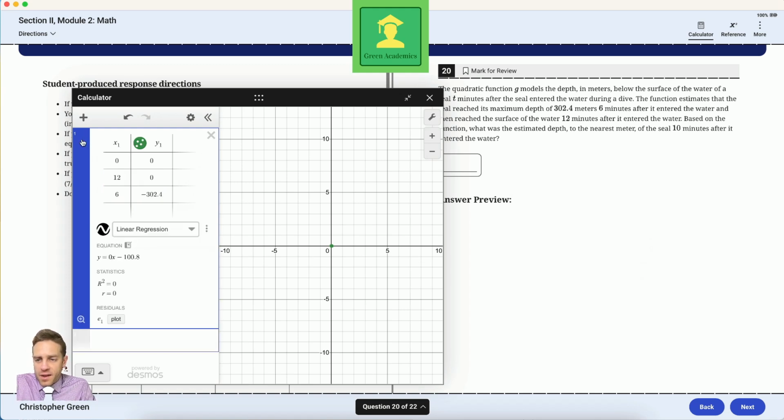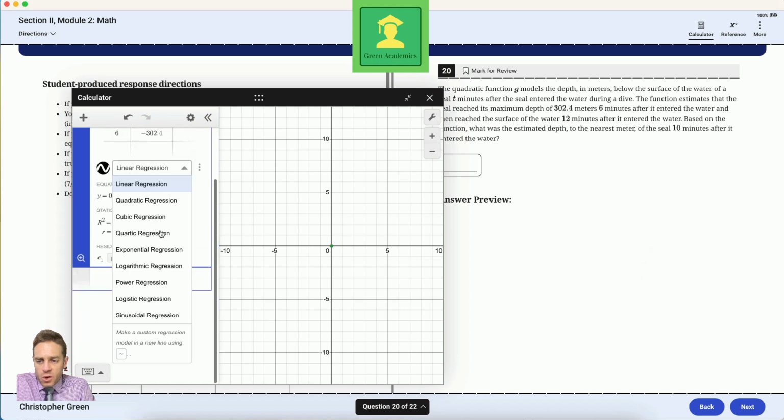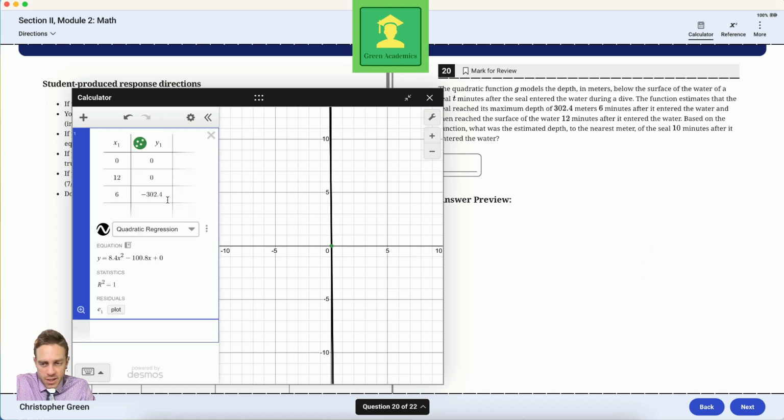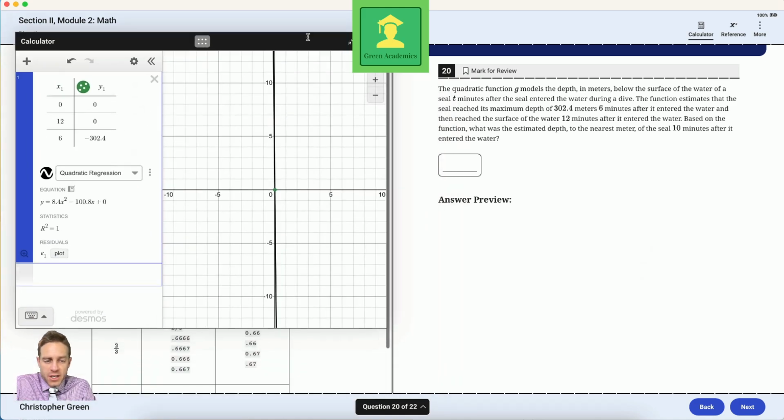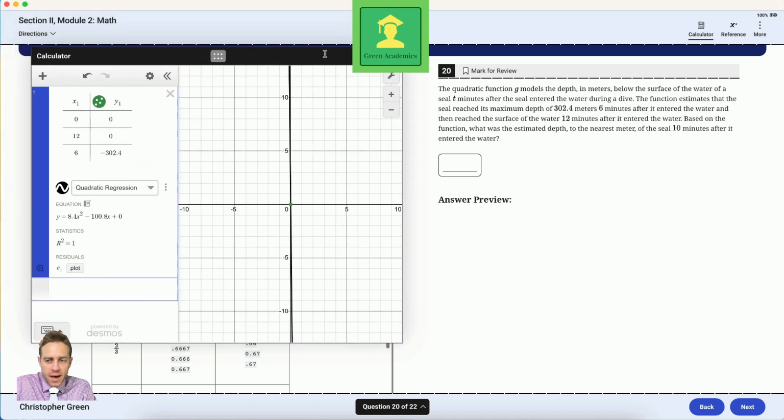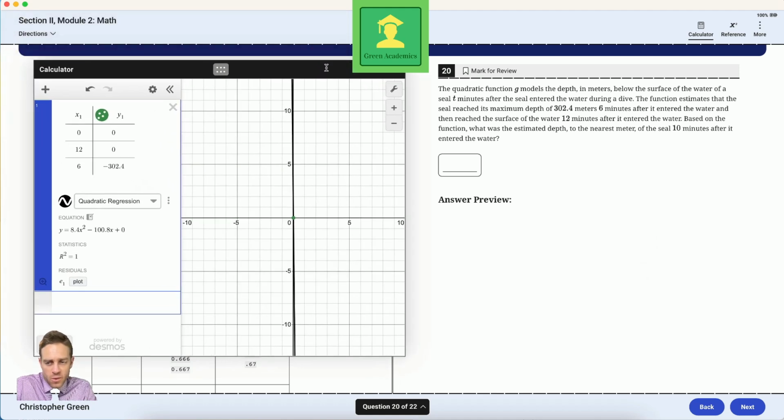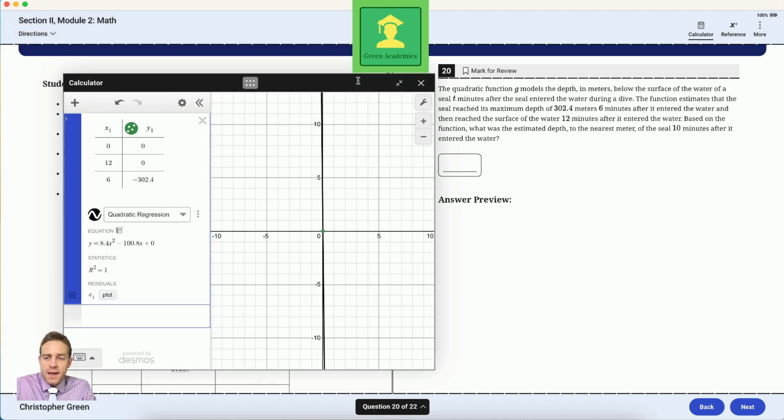Then if I hit this and do quadratic regression, yeah, it'll give you the equation of a parabola. Now you actually could have found that by hand also. It would have taken a little bit longer. So 8.4x squared minus 100.8x.